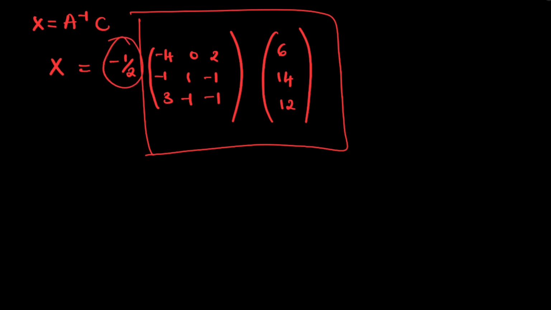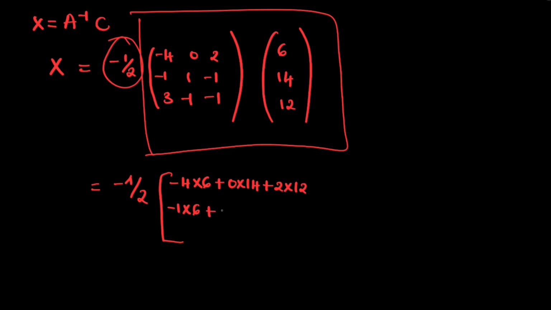There's no difference. It's going to give us the same answer. So this will be minus half now into, let's do the multiplication. So minus 4 times 6 plus 0 times 14 plus 2 times 12. That will give us the first value. Minus 1 times 6 plus 1 times 14 plus 12 times minus 1. Second, 3 times 6 plus 14 times minus 1 plus 12 times minus 1.